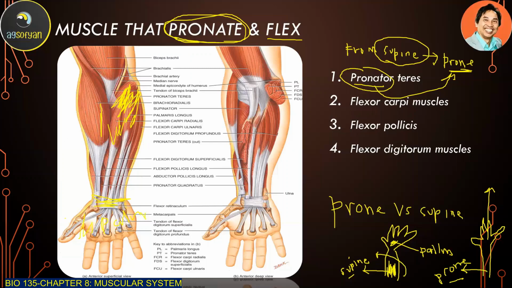For example, if you make a fist, like you want to hit someone, this is done by these muscles on the supine area of your arm, and all of these muscles are called flexor muscles. So these are the muscles that pronate and flex: pronate our arm and flex our wrist and finger.